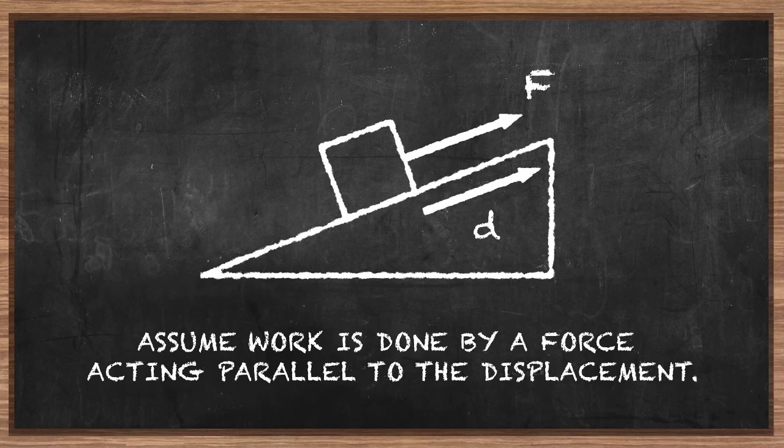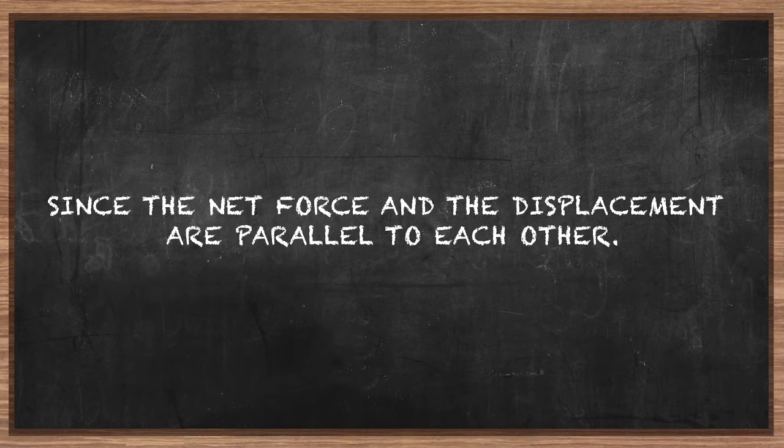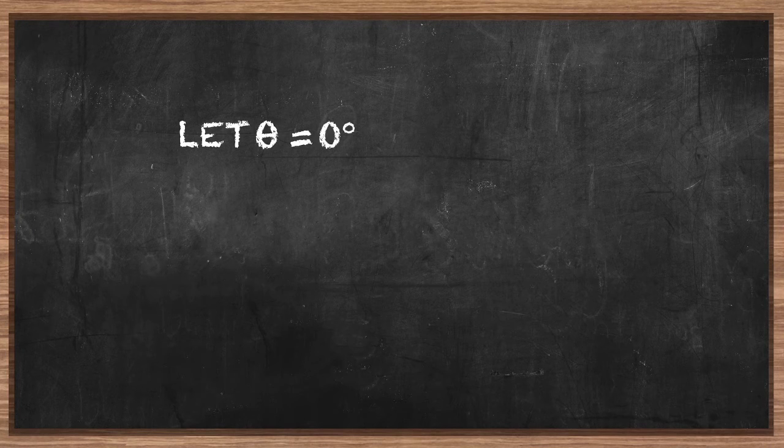We'll limit this proof of the work-energy theorem to work done by a force which acts parallel to the displacement. Since the net force and the displacement are parallel to each other, theta can be taken as 0 degrees. Cosine 0 is equal to 1.